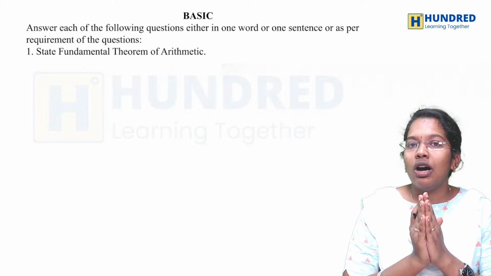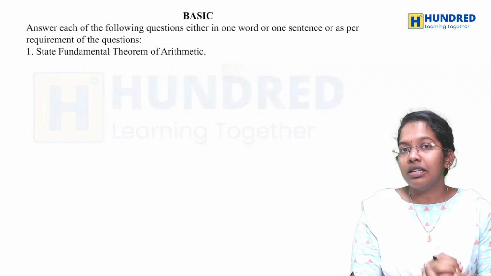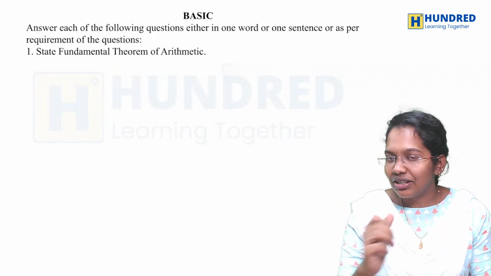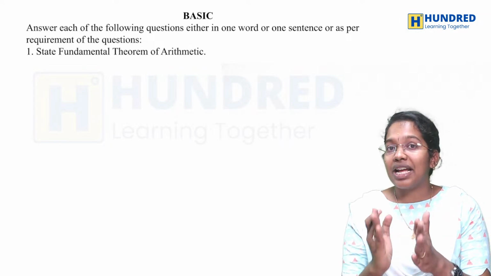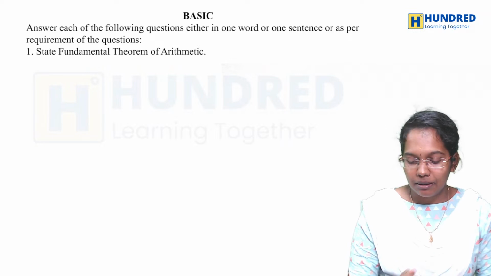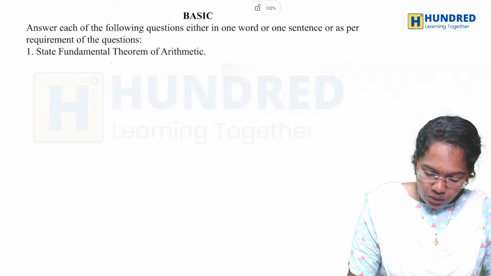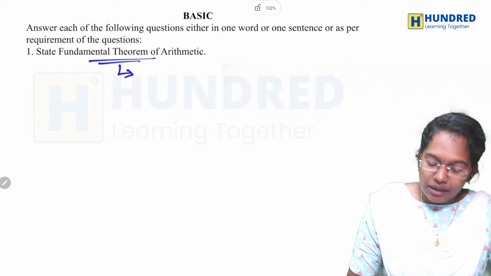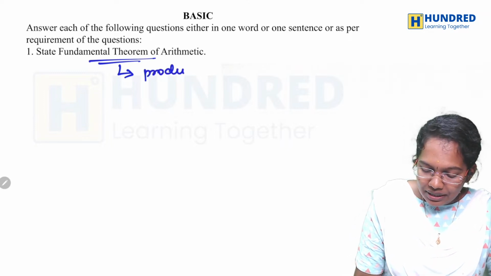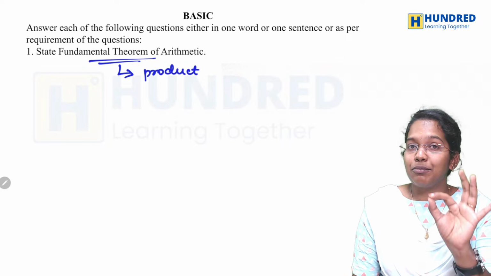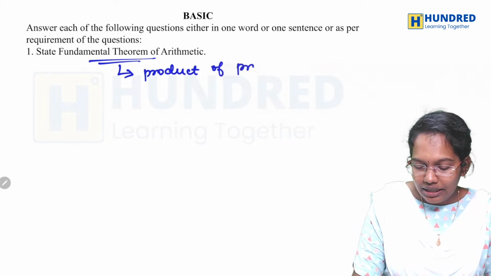How do you write a composite number? You go with the prime factorization method and find the prime factors alone for that composite number. So the fundamental theorem of arithmetic simply means you'll be expressing a composite number as a product of prime factors alone.